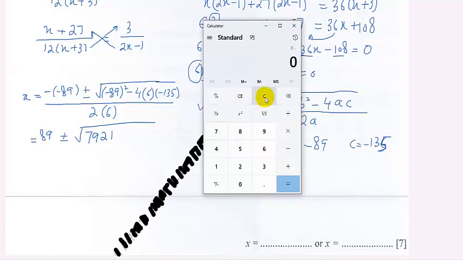Let me check it again. Minus 4 into 6 into minus. Let me do it again because this is a very different calculator. So minus 4 multiply 6, the answer is minus 24, and multiply this, minus minus will become plus. So multiply 135, it is plus 3240.